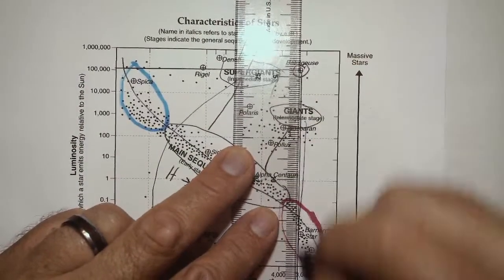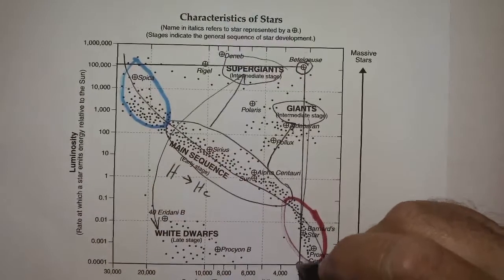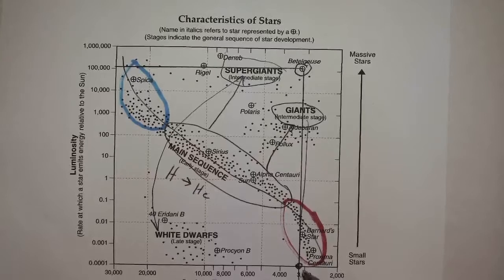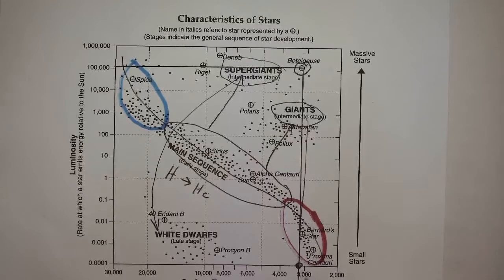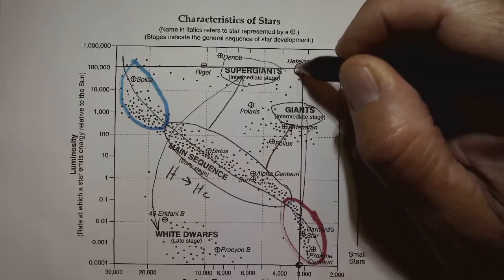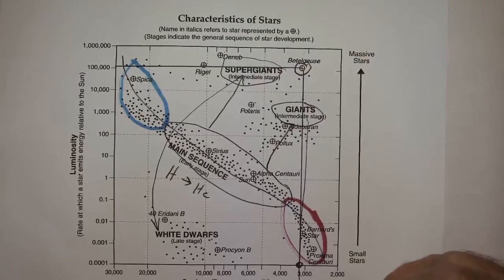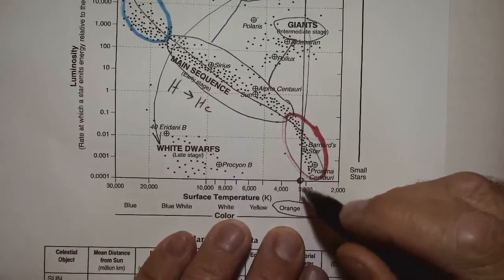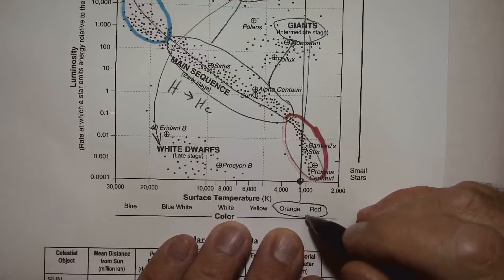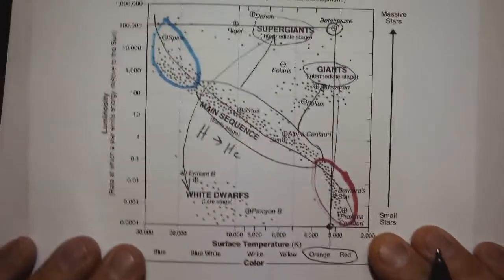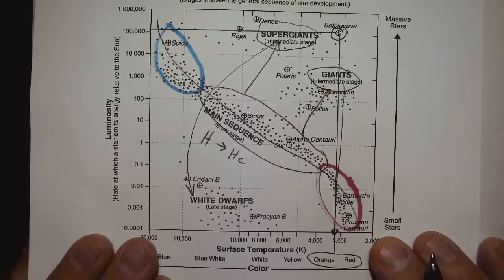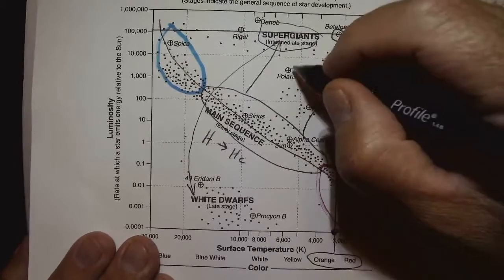You read straight down, and you see that it's, I'd say, about 3,300 kelvins, right? About 3,000 degrees Celsius. So that's the temperature and the luminosity of Betelgeuse. If we were to talk about what color it would appear, when you look at Betelgeuse here, it's orange-red, and that's what Betelgeuse looks like in the sky. You can see it with your naked eye when you look at Orion, that Betelgeuse is that bright orangish star.